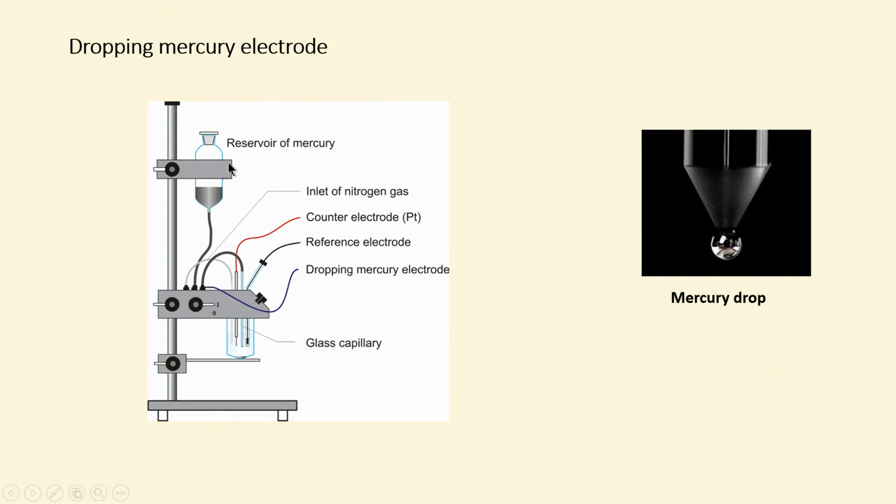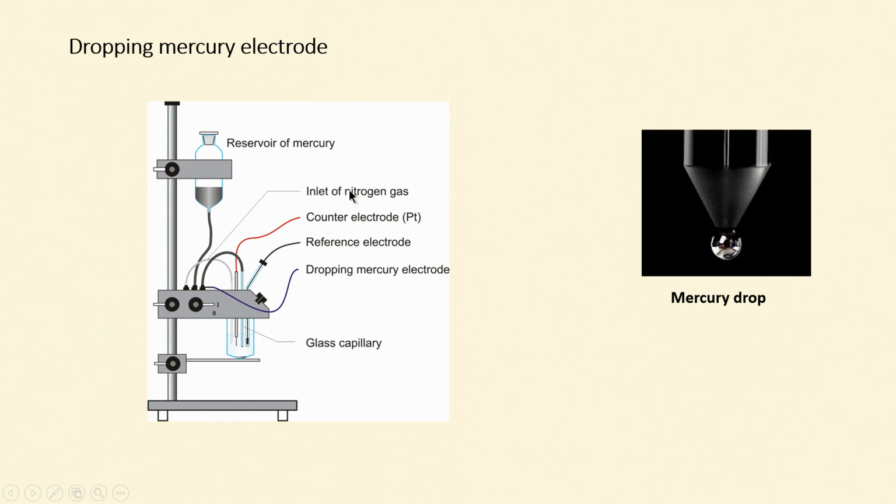So, here is the picture of the polarograph. Here I have a reservoir of mercury on the top, and then I have a small capillary here, and here I have some sort of gas inlet, and there is a counter electrode containing platinum, and a reference electrode is there, and here I have the dropping mercury electrode from the capillary, and I have a glass capillary here, from where the mercury will be dropping and falling at the bottom.